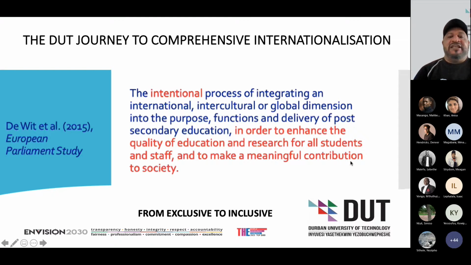It speaks about enhancing the quality of education and research for all students and staff. I really want to stress the all, because that is the leap forward we have taken in comprehensive internationalization, and to make a meaningful contribution to society, because internationalization is not a means in itself.